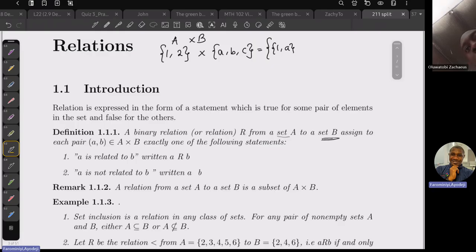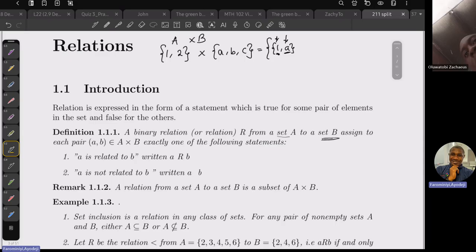So you will always have something in the set A and something in the set B. So a function is just a special type of this kind of relation where we know that for every first element, I mean the element in the first set, there is only a unique element in the second set.